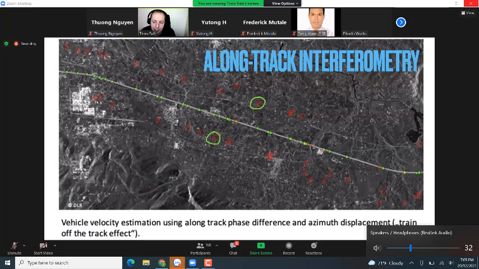And so in that way, we can here identify all cars moving along the street, which in the other example, we just could identify when they are on water, because then we can separate them from the dark background, right? And in this case, we do not need that because we're looking at phase differences. But what we need to do that is we need to have the antenna configured in this along-track interferometry mode, which is typically not the case, right?